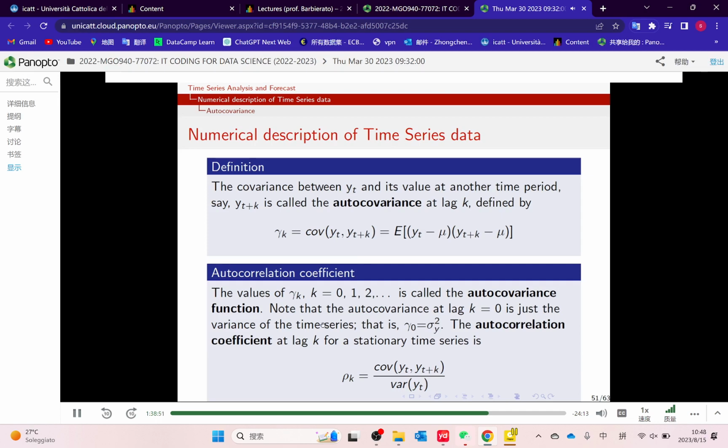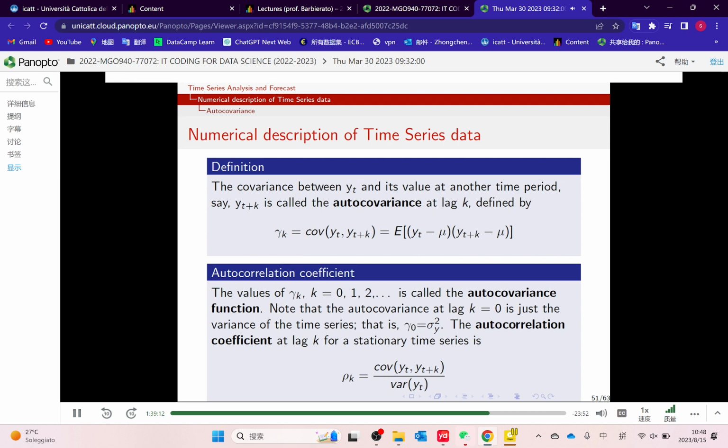So all these numbers you calculate can be projected into a diagram because they form a function. This is the autocovariance function, or ACF in short. And this is a treasure of information when you project it on a diagram.